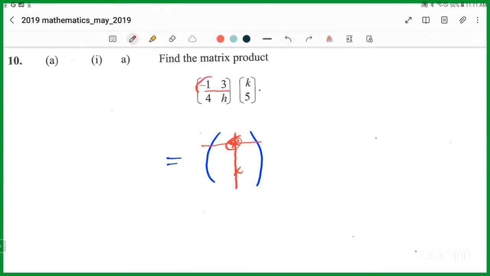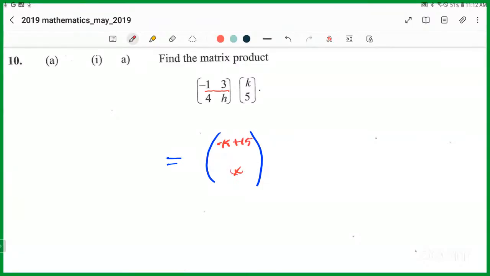So it's negative 1 times k and 3 times 5. The negative 1 times k is negative k, and the 3 times 5 is 15. So negative k plus 15 is that first value.